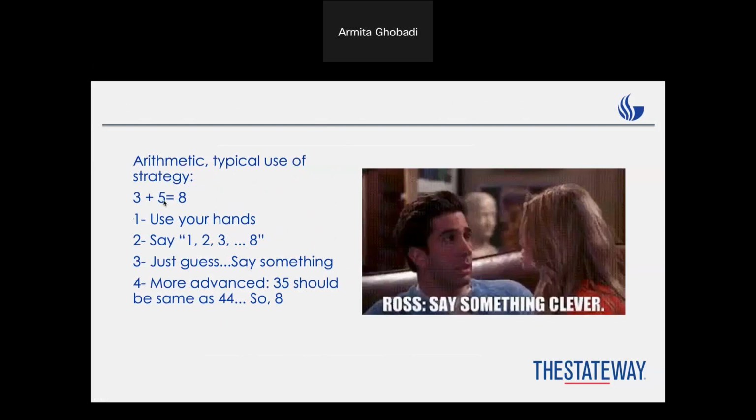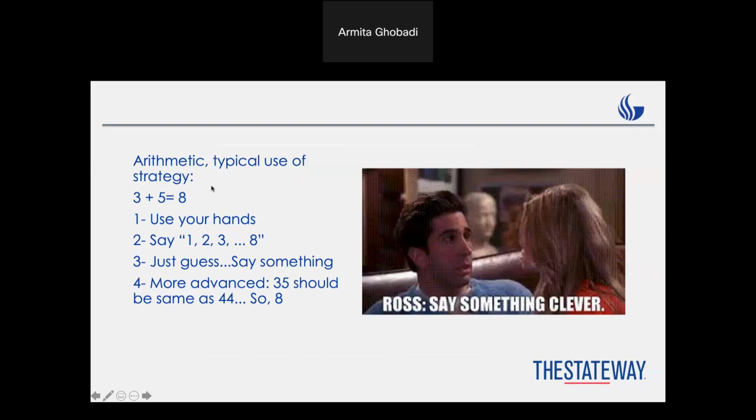What is the answer? Strategy number 1 is using your hands as a child. You literally use your hands to answer this problem. Strategy number 2 is literally counting.